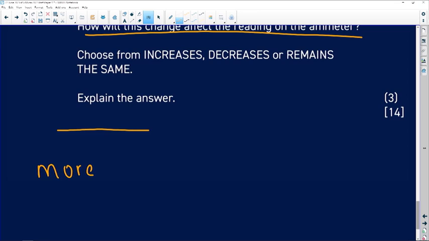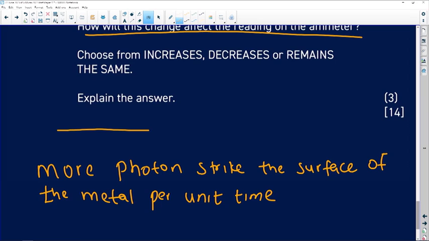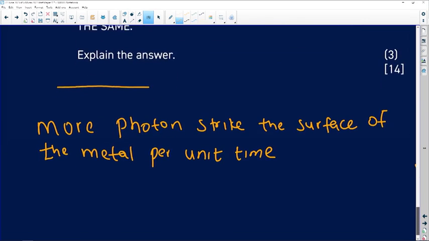So more photons will strike the surface of the metal per unit time. That is the first reasoning there, per unit time.